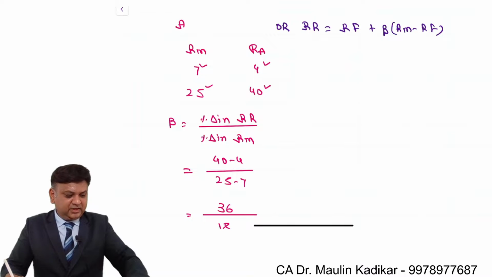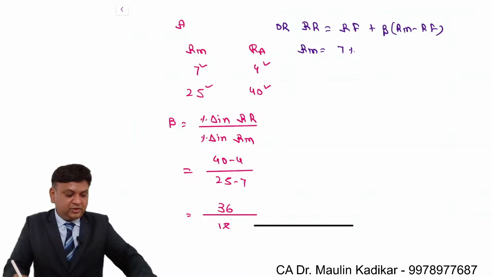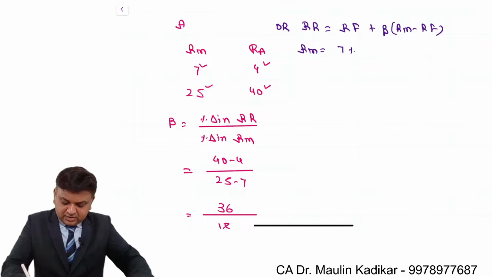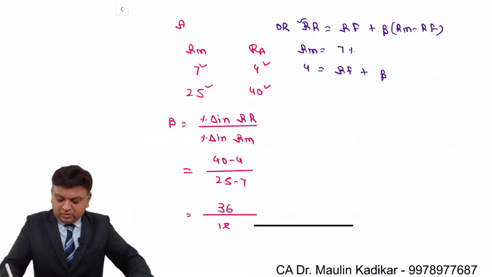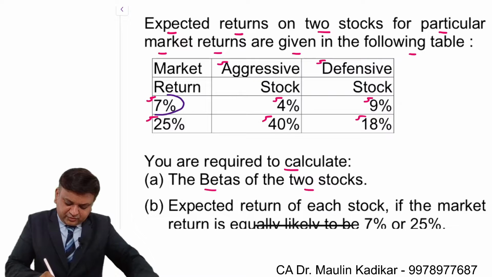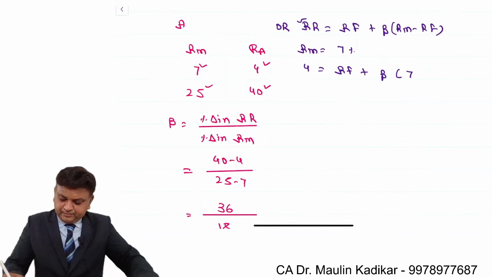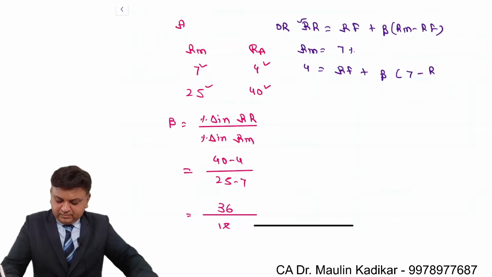When RM is 7%, the required rate of return is 4, which is RF plus beta, which we do not know, into RM, which is 7, minus RF.